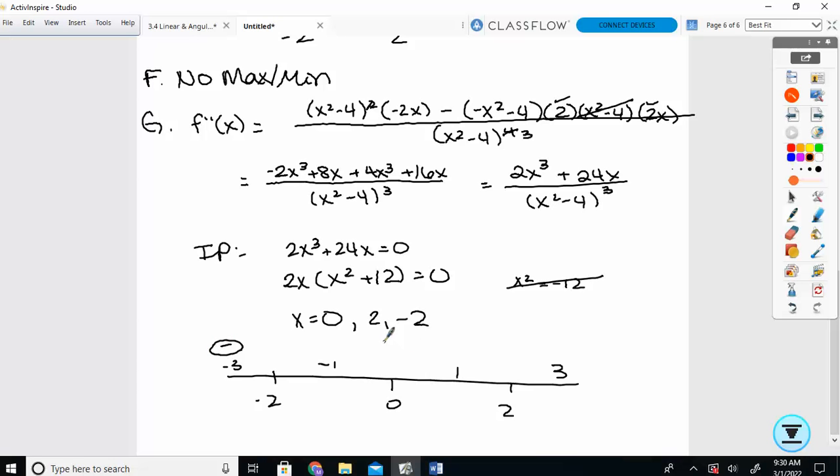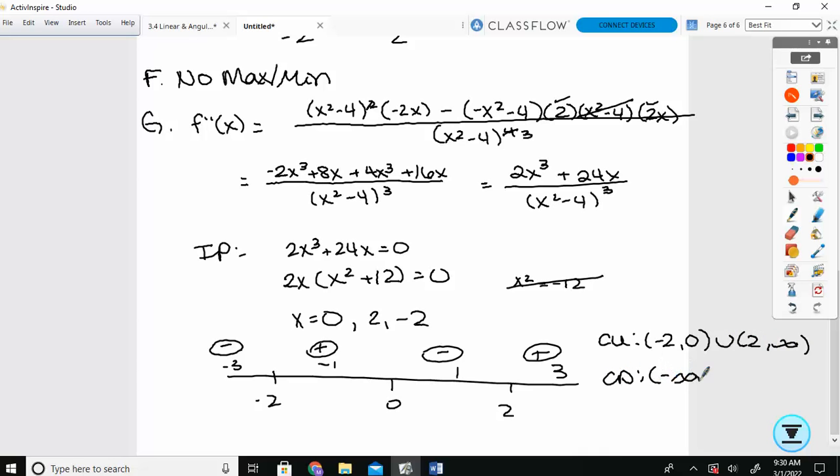So -3 gives us a negative. -1 is positive. 1 gives us negative, and 3 is positive. So this thing is concave up from -2 to 0 and 2 to infinity. It's concave down from -infinity to -2 and 0 to 2.